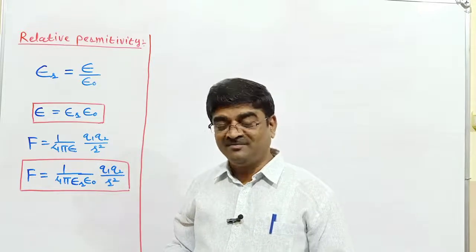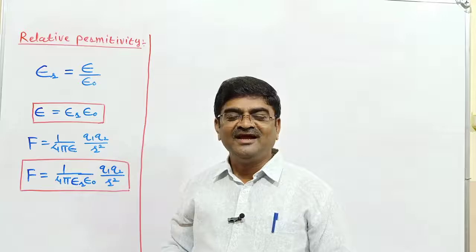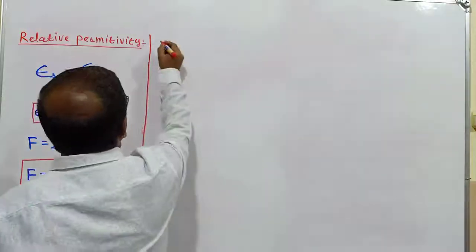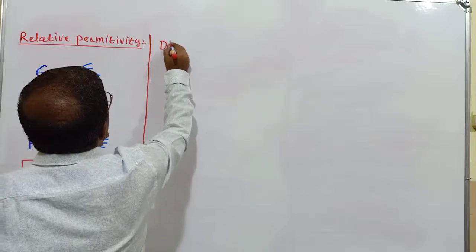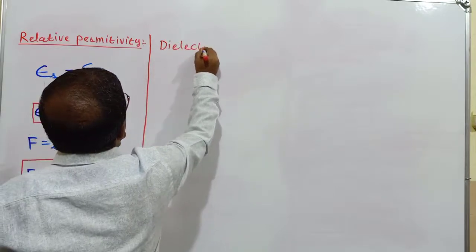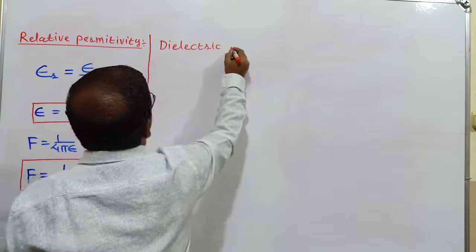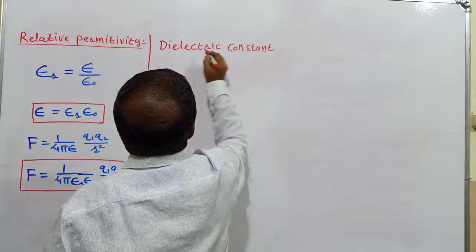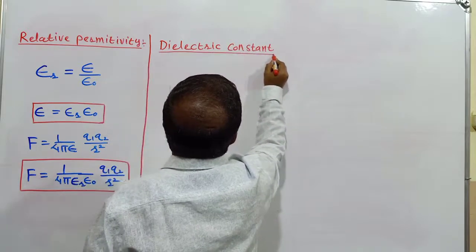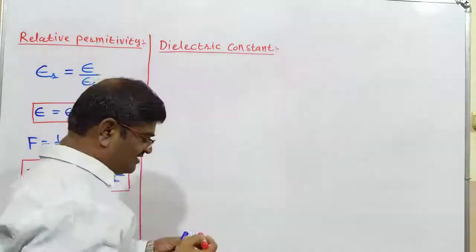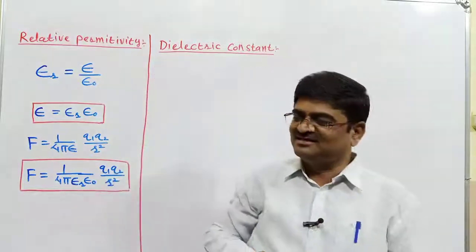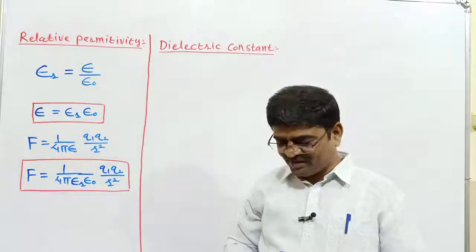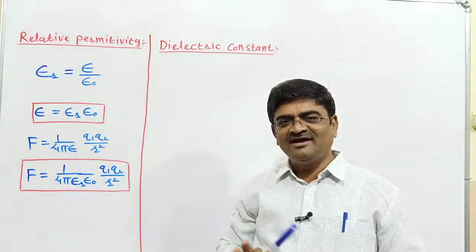And for your information, this relative permittivity is also called dielectric constant. Now when I say dielectric, I hope you have an idea what it means.